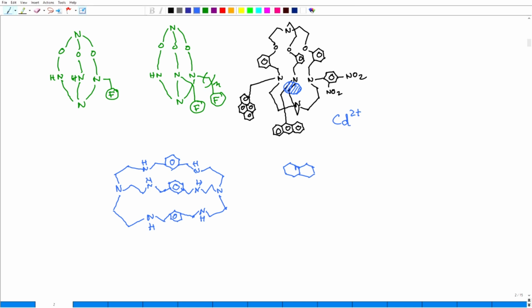I will take a couple of minutes more, that is all. This is a coumarin derivative, carboxylate.